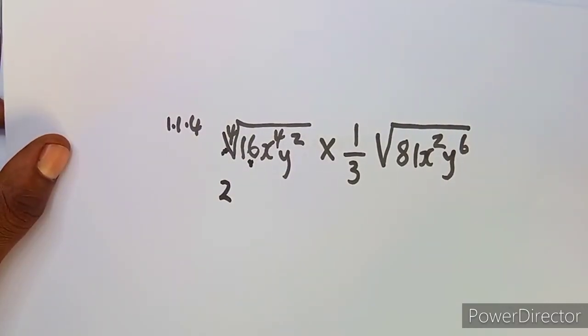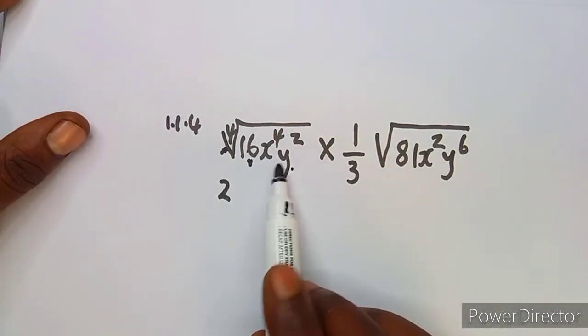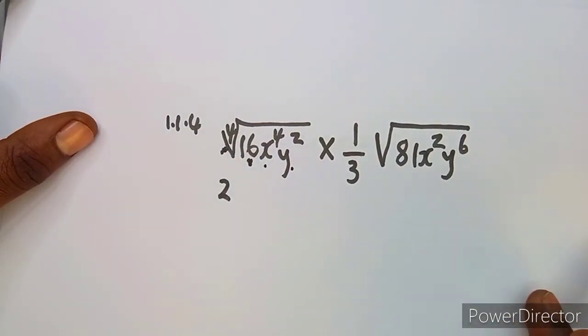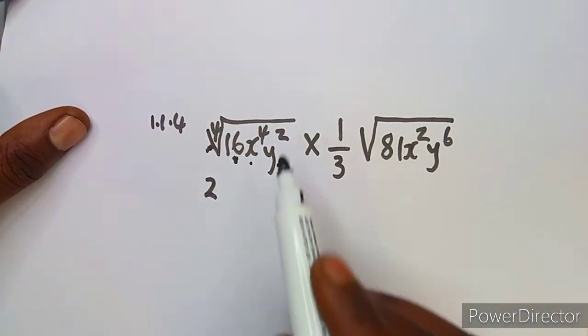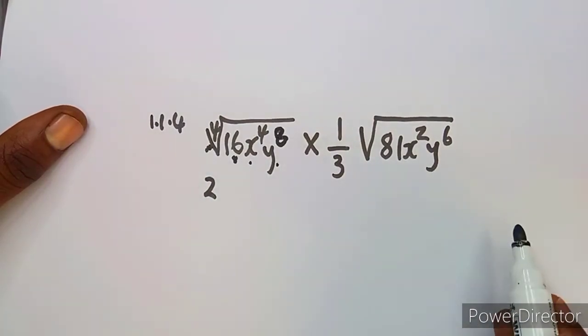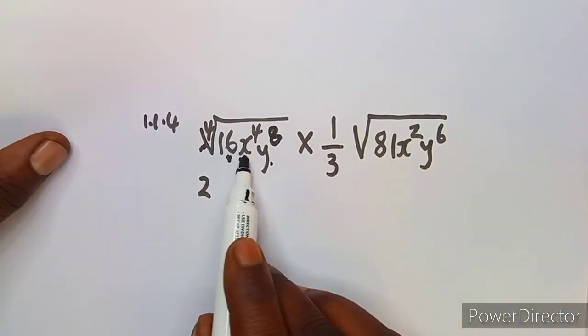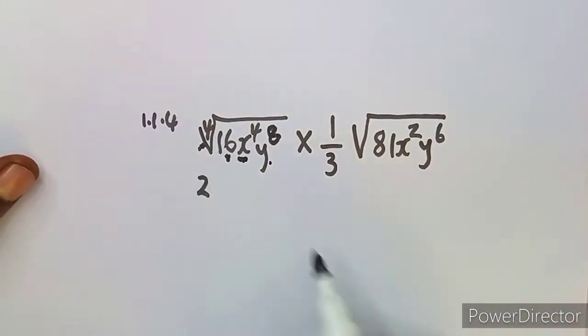Okay, but the part that is to worry us is how to remove the x to the exponent of 4 and y to the exponent of 8 if we are given this part. So how am I going to simplify? So in this case, you are going to apply this concept here.